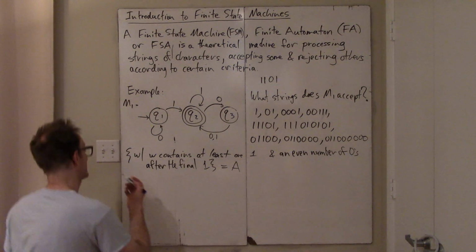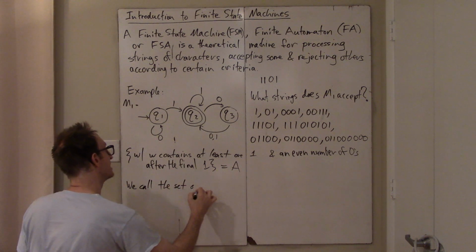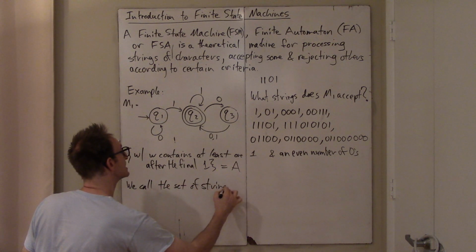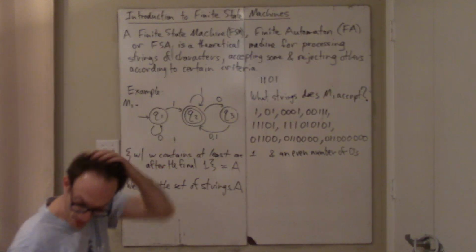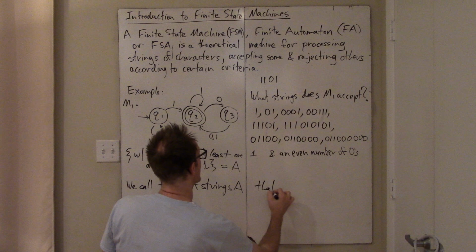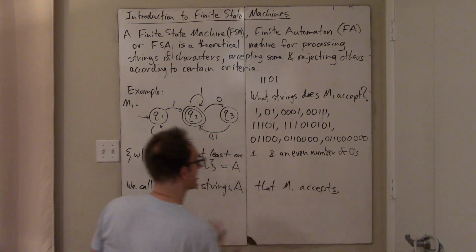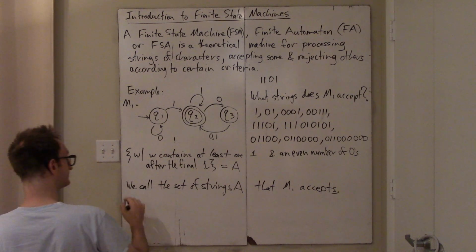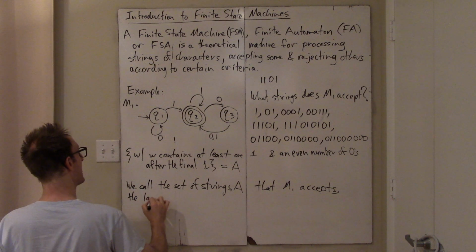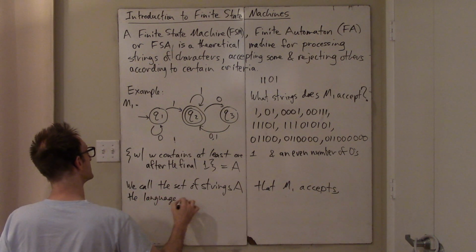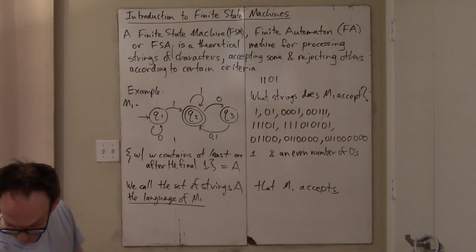We call the set of strings A that M1 accepts the language of that machine. The language of M1. So in this case, the language of M1 is A.